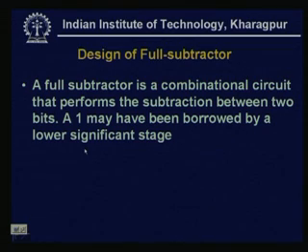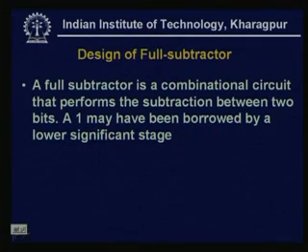So, mainly the half subtractor subtracts between 2 bits, one difference is generated and one borrow is generated, but if it is an n bit subtractor, then we cannot neglect this borrow.